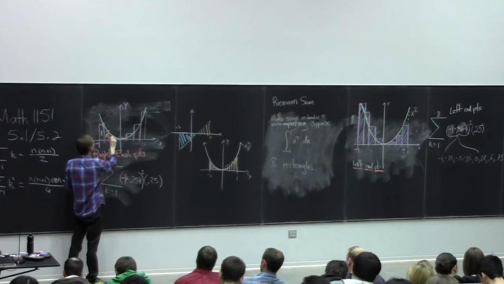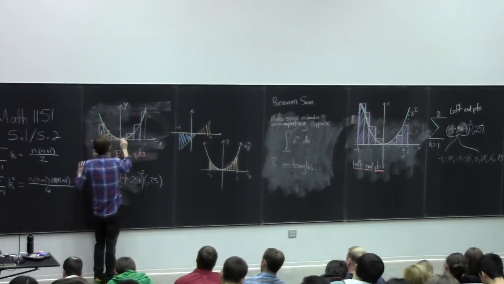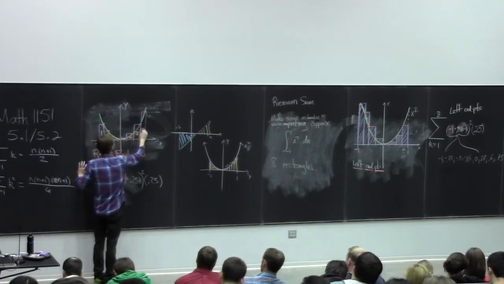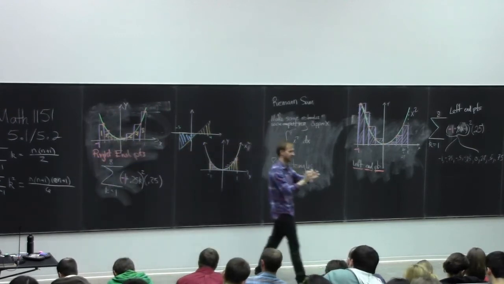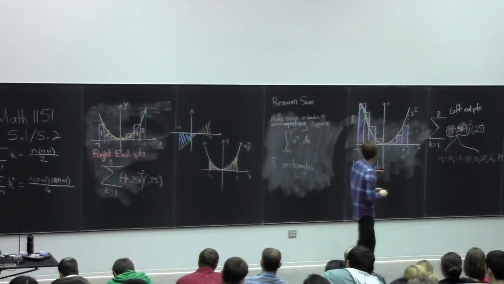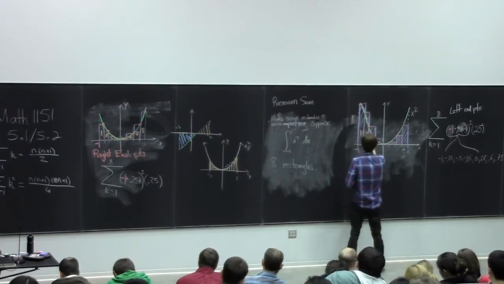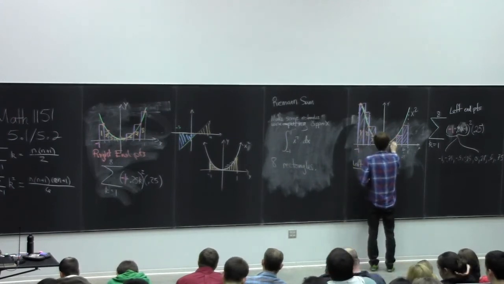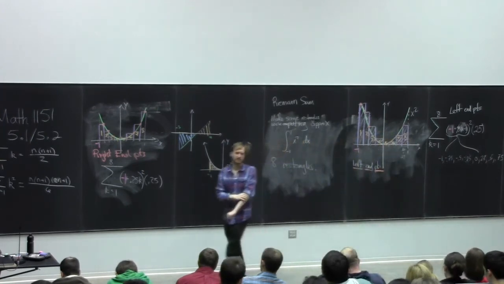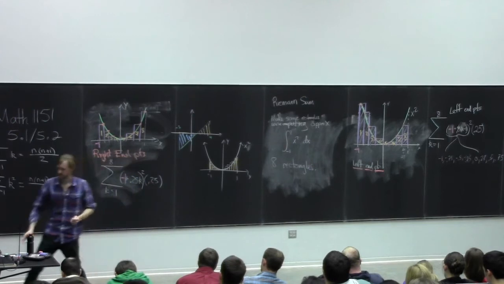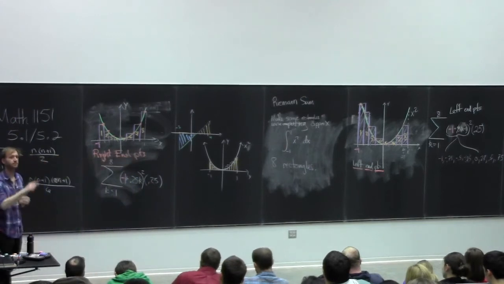K equals 2, 3, 4, 5, 6, 7, and 8. The k corresponds to the rectangle whose area you're computing. Work from left to right. 1, 2, 3, 4, 5, 6, 7, 8. Thank you very much. That makes a lot of sense. Does that make sense to anybody else? Yeah, what's up?